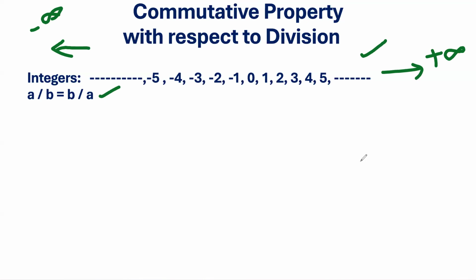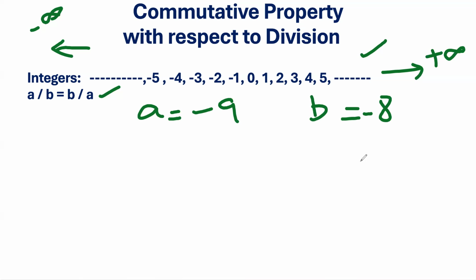This is the property we need to check. So let's take two numbers, A and B. Let's take A is equal to -9 and B is equal to 8. Or let's take both the numbers negative. B is equal to -8, A is equal to -9. Check with respect to division.